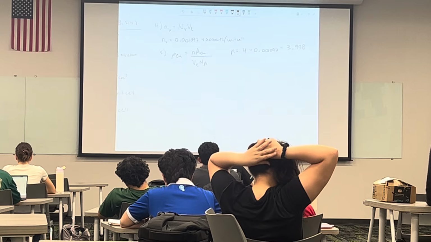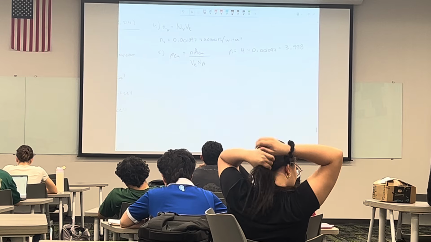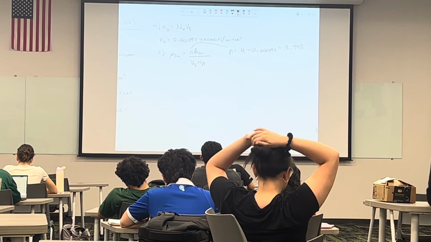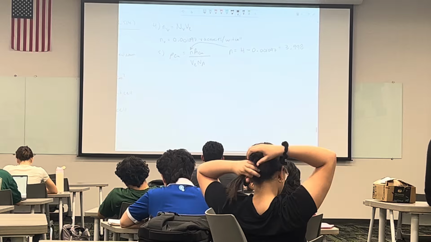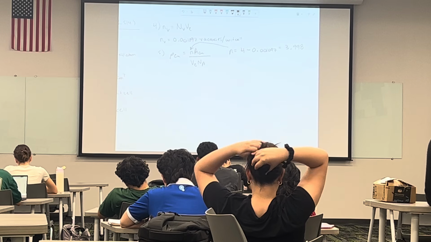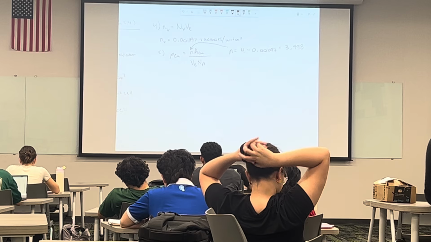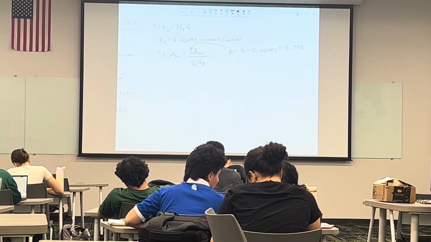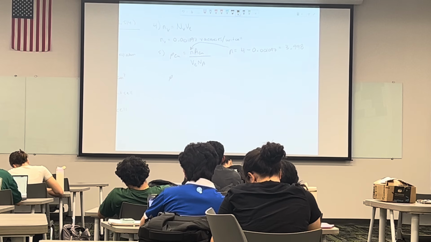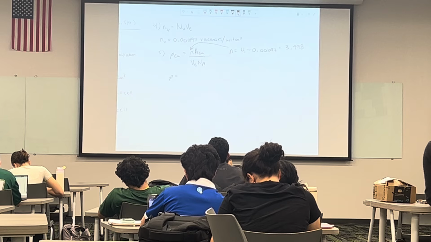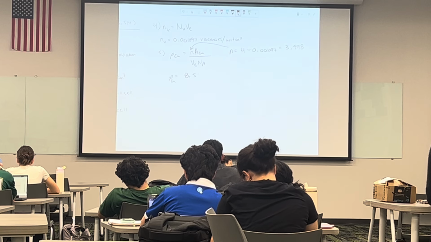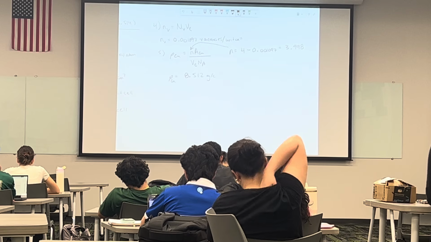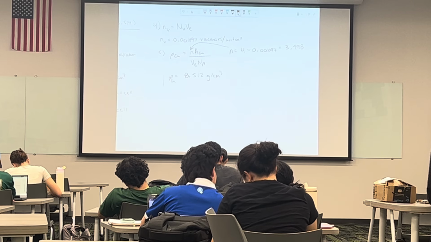So this n actually has to go here. We know the other variables, the volume per unit cell, atomic weight, and Avogadro's number. So plugging those values in and solving, the density of the copper should be 8.512 grams per cubic centimeter.